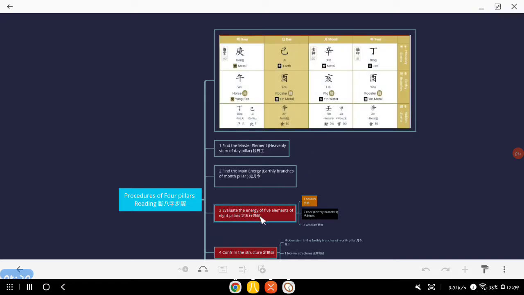Okay, so the third step, we need to evaluate the energy of 5 elements. 5 elements means water, wood, fire, earth, metal.